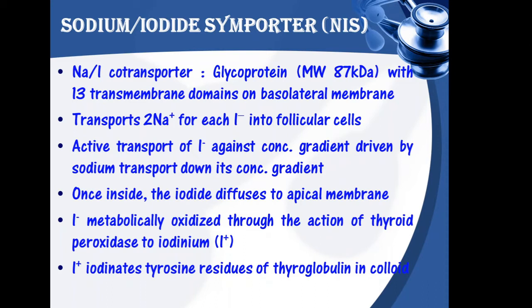Once inside, the iodide diffuses towards the apical membrane, and the iodide is converted to iodinium, that is iodine plus, by the peroxidase enzyme, and the iodinium iodinates tyrosine residues of the thyroglobulin, which is present in the colloid.